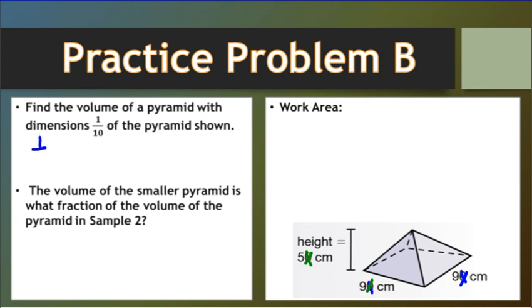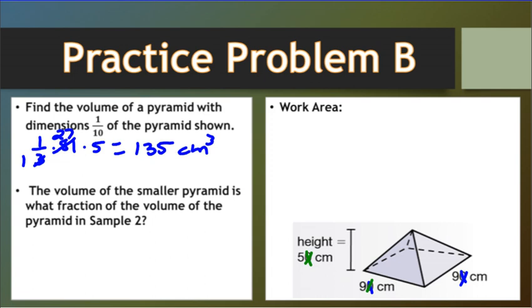So 1/3 times 9 times 9 is 81, times the height, which is 5. Again, simplify: divide by 3 here and get 1, divide by 3 here and get 27. 27 times 5 would give us an answer of 135 cubic centimeters.